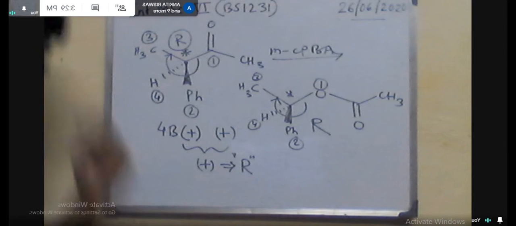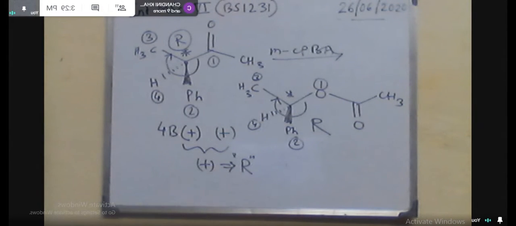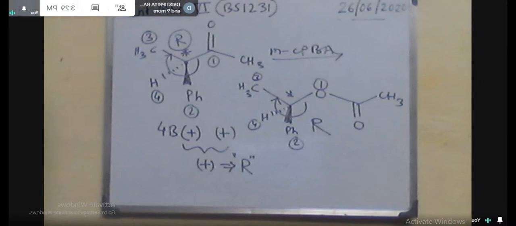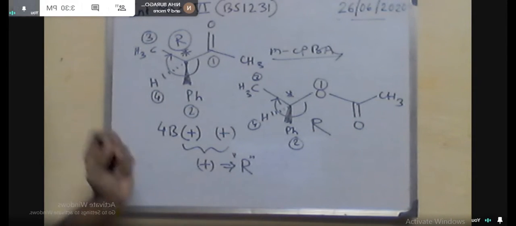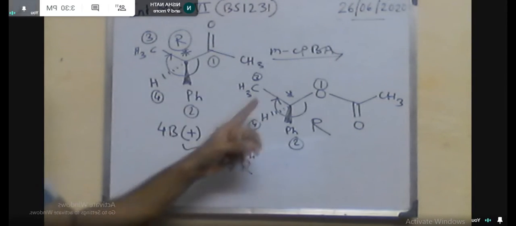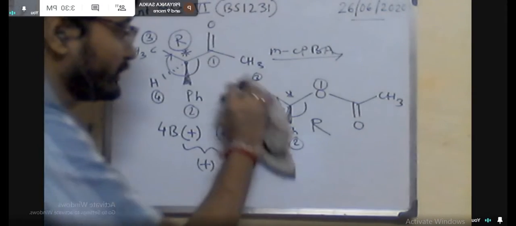But if you write it this way, say CH3 C double bond O, or like this, CH3 C double bond O, O, Ph, CH3.